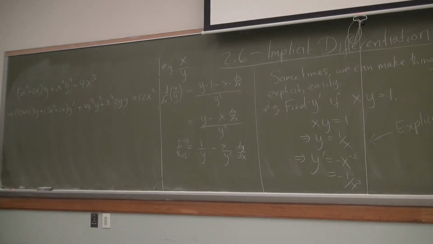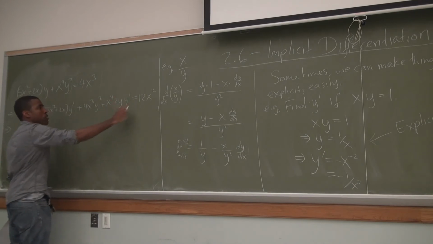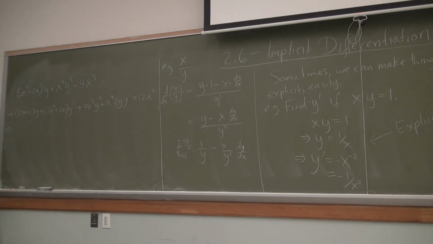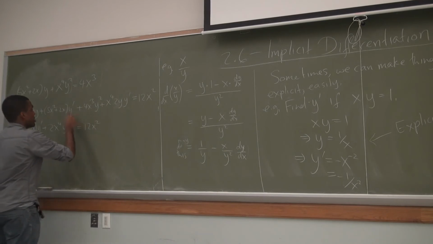So how do I solve for y prime? Now you separate the y prime. I want to isolate them. I have a y prime here and a y prime here, which means everything that doesn't have it, put on the other side, right? Yeah. So here I have 12x squared.